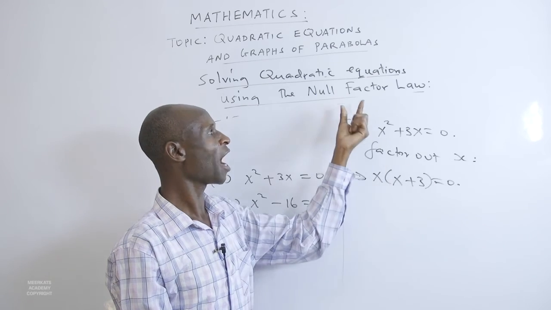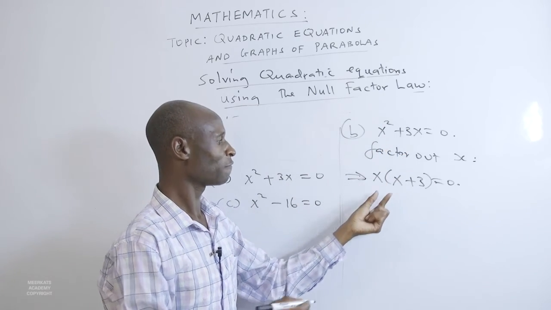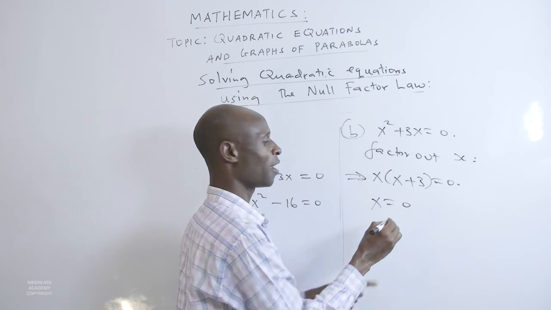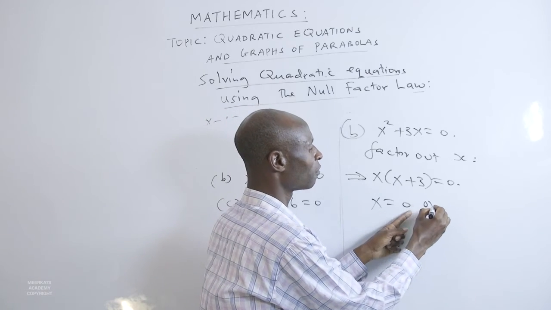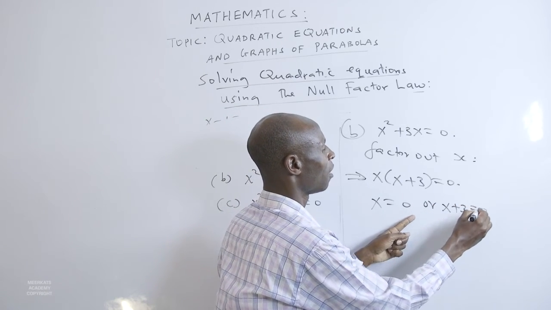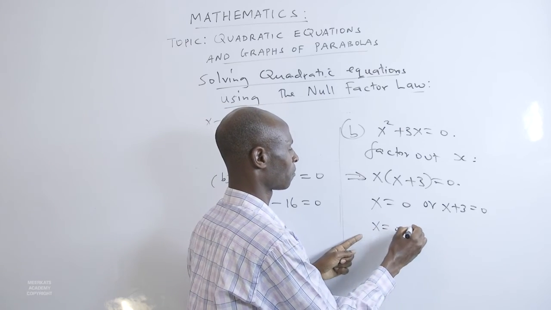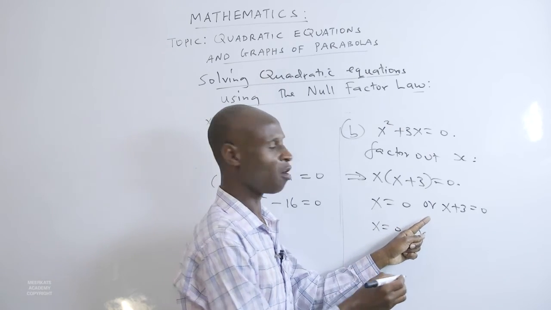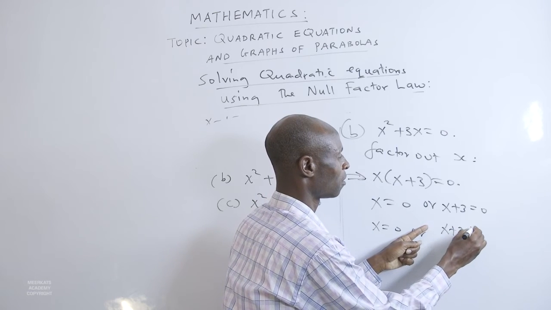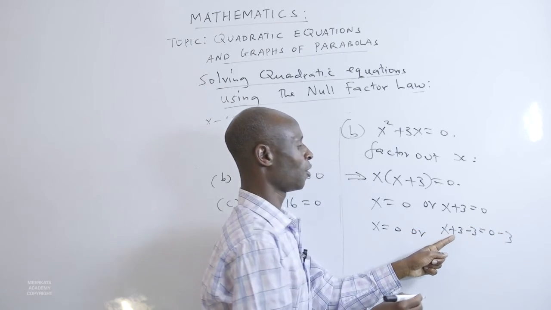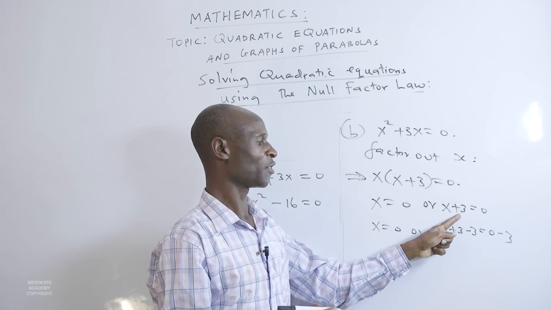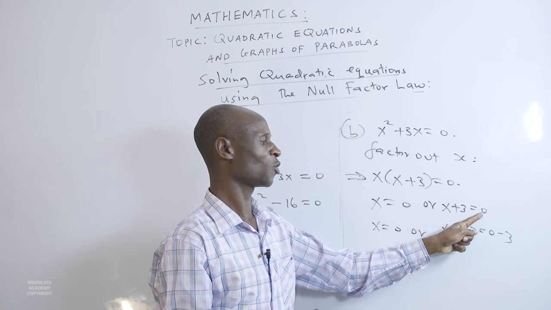So if we use the Null Factor Law, the first factor, x will be 0, or x plus 3 will be equal to 0. x will be 0, or we subtract 3 on both sides for the second linear factor, x plus 3 is equal to 0.